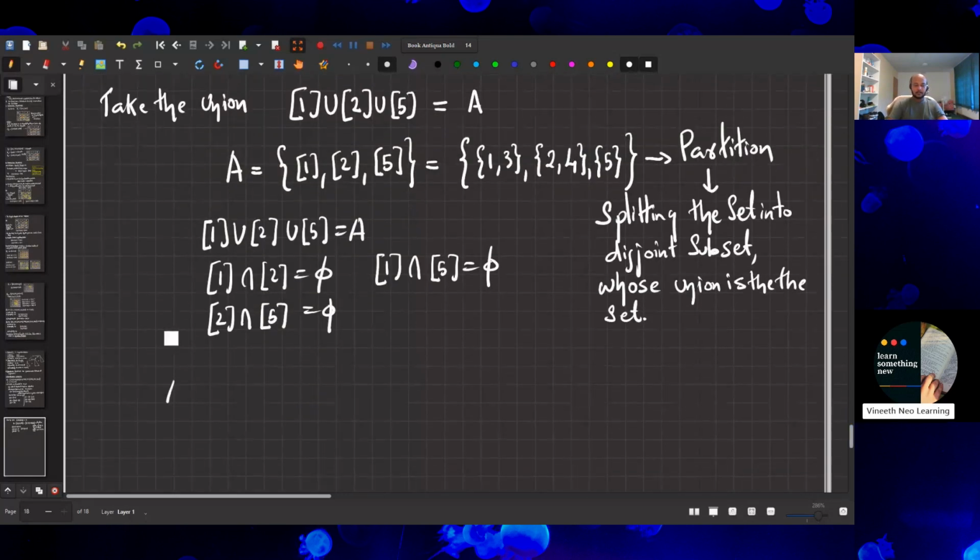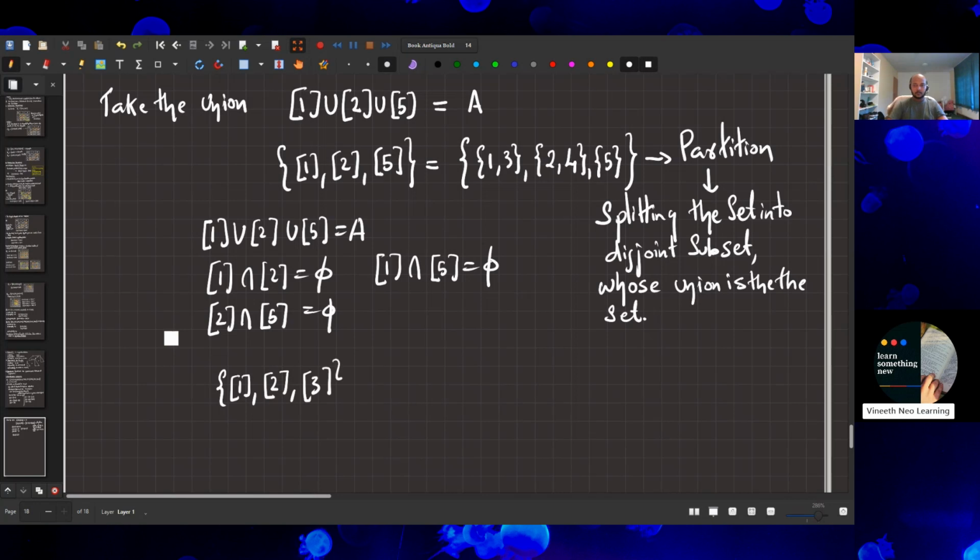So this is not A, this is a partition of A: {1, 3}, {2, 4}, {5}.